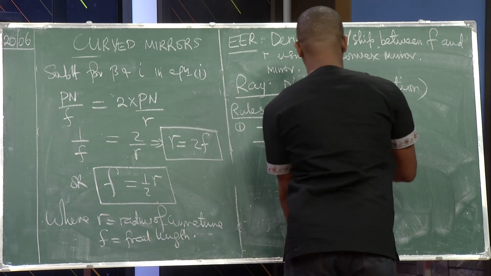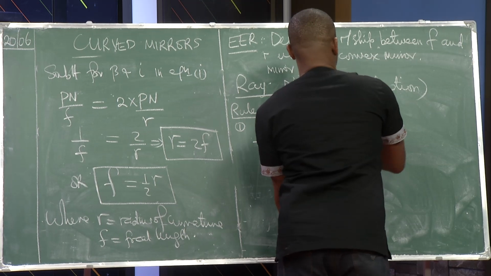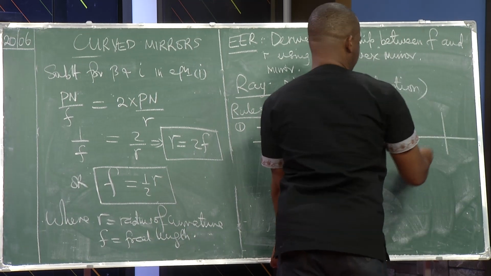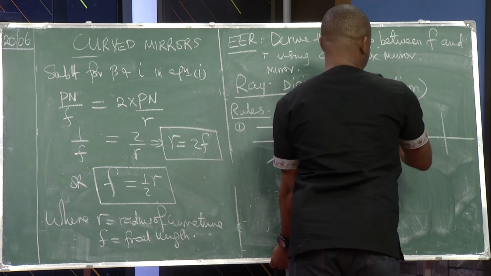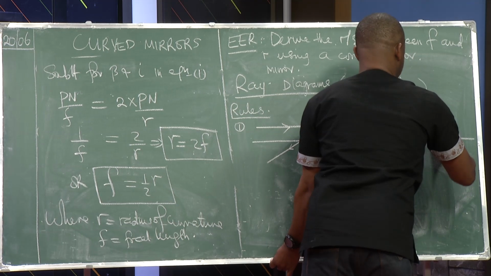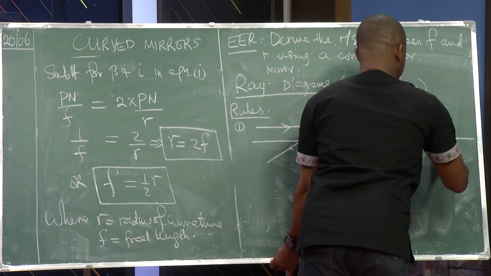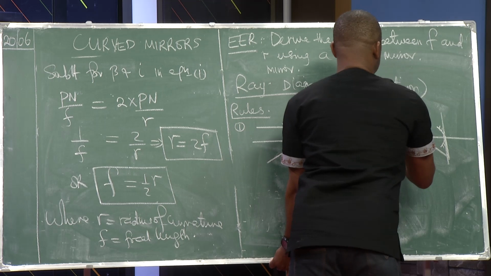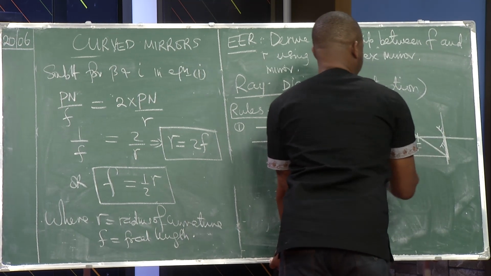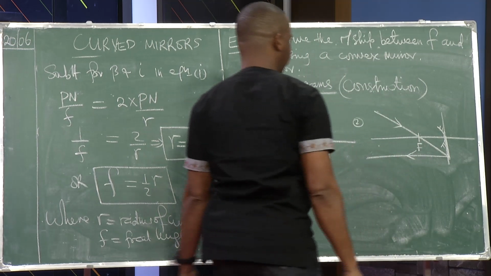Rule number two is that rays that are incident to the mirror through the focal point are reflected off parallel.